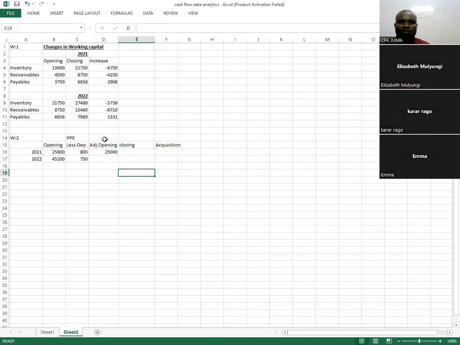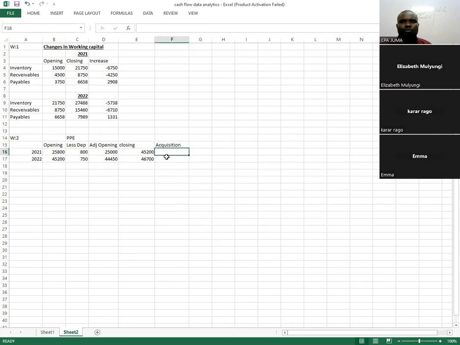The values ought to be these values now. But this one closing went to 45,200, and this one closing went to 46,700. So acquisition is now the adjusted opening minus the closing, this one here. So the figure will go up like that.